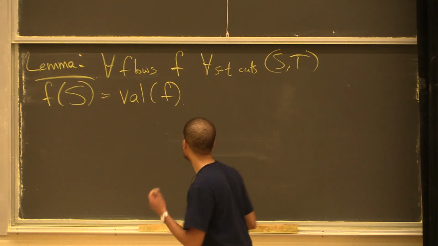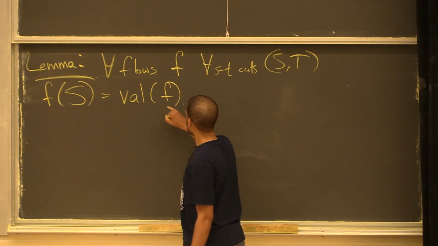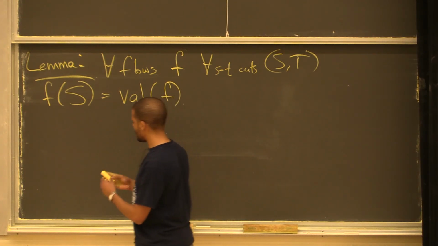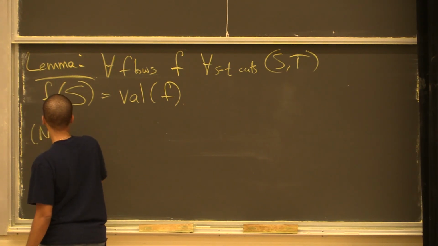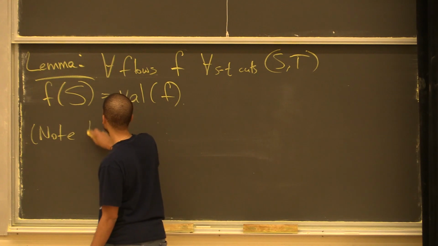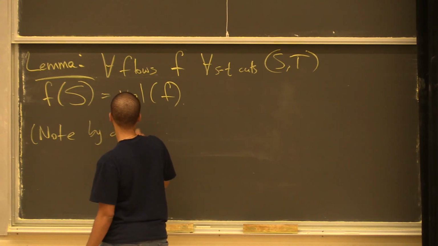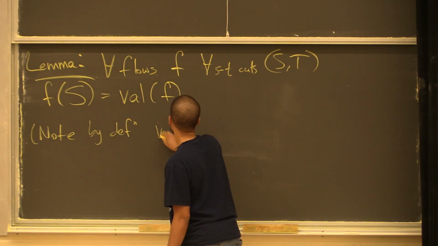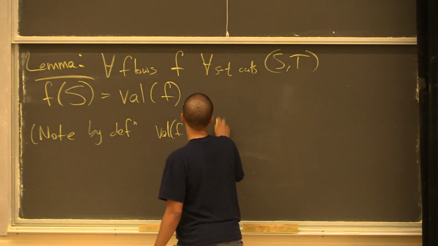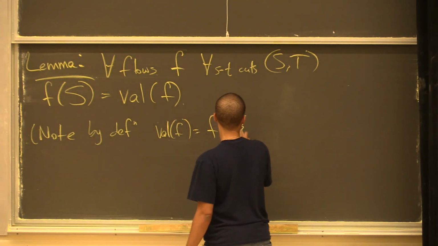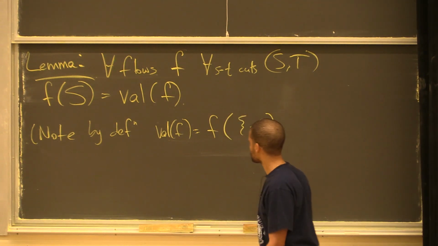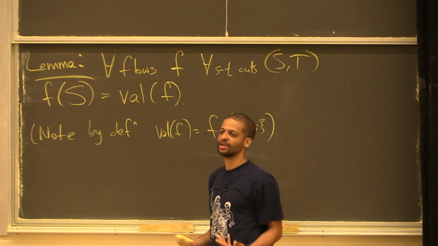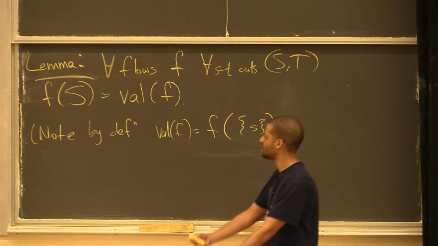Okay? Why is that? Well, let's look at, so note, by definition, val f is just f of the set only containing little s by itself. Flow doesn't come into the source, right? It only goes out of the source. And similarly with the sink, flow only goes into the sink.